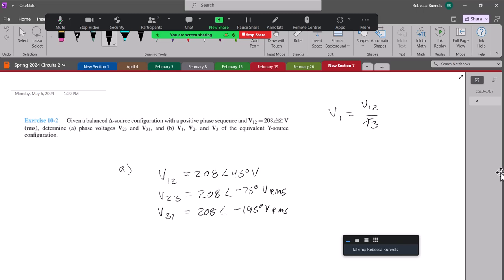And so either way you want to think about it, that V1 is the Y is the delta divided by this. Yeah? Okay. If you want to say the Y is the delta divided by the square root of 3, or if you want to say the delta is the Y times the square root of 3. Did I say that backwards? I did say that backwards.